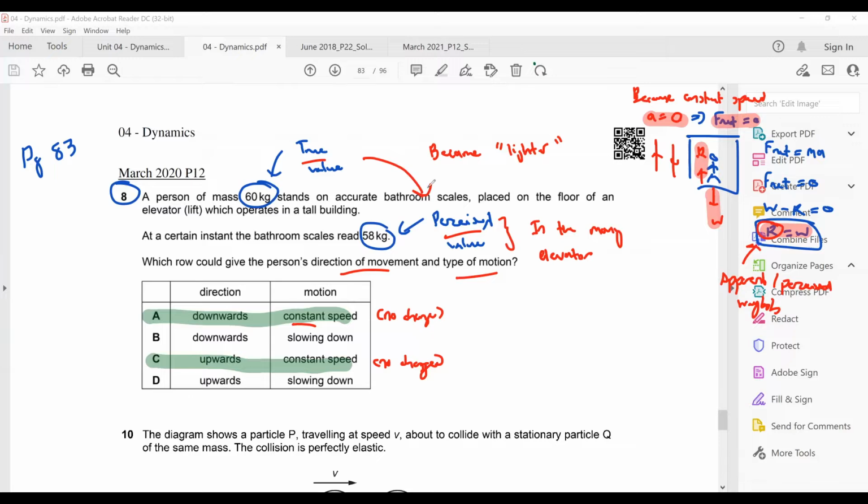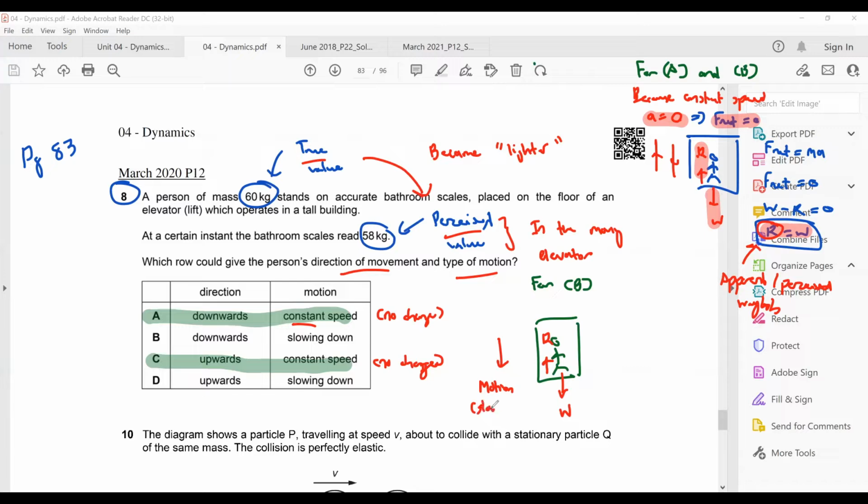So let's try to analyze B and C. Let's say I think about B. Now you're moving downwards, but you're slowing down. Now your W is downwards, your R is upwards.